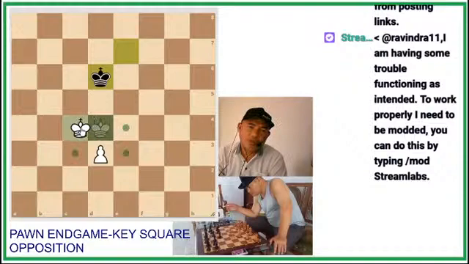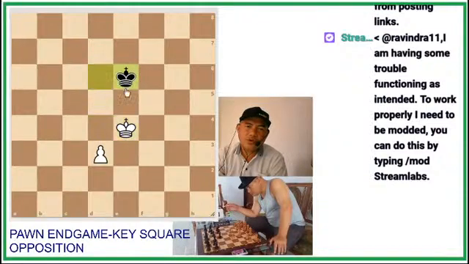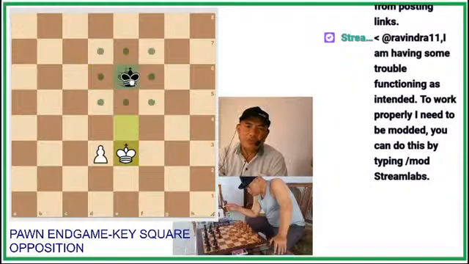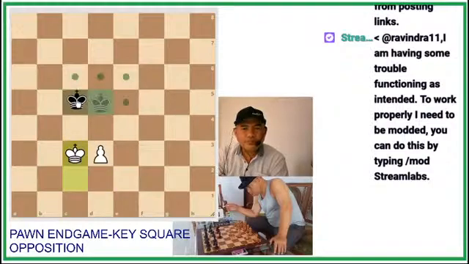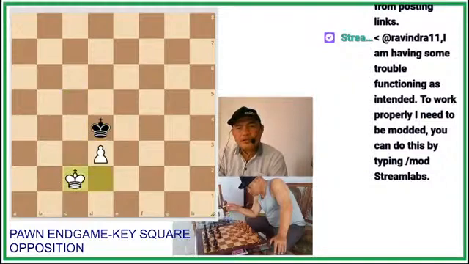White has put himself in zugzwang. White can go like this and of course have the opposition. If he goes back, you can go here. If you go here, you can go here. If you go here, you can go here. Then black has the opposition.